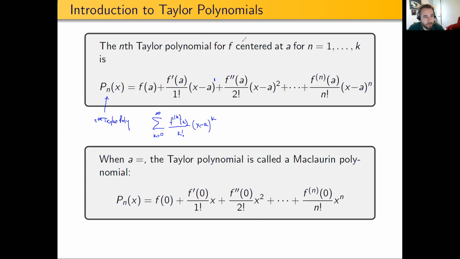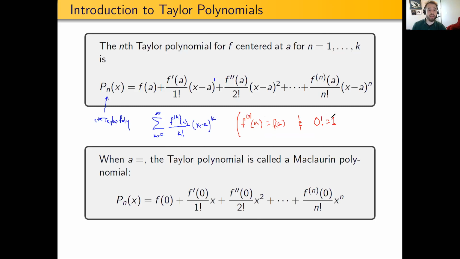We are using a few specific conventions here. Specifically, we are saying that if I took the 0th derivative of our function at a, that just equals f of a. So the 0th derivative is just the function itself. And we are using the convention that 0 factorial is equal to 1.